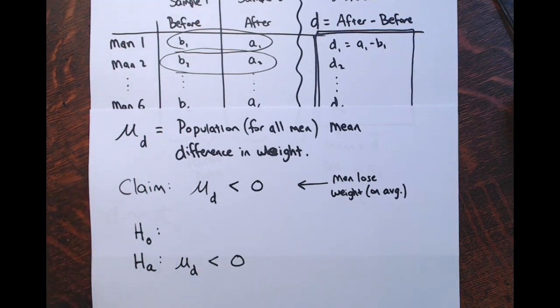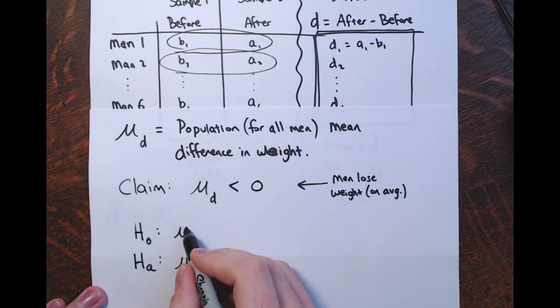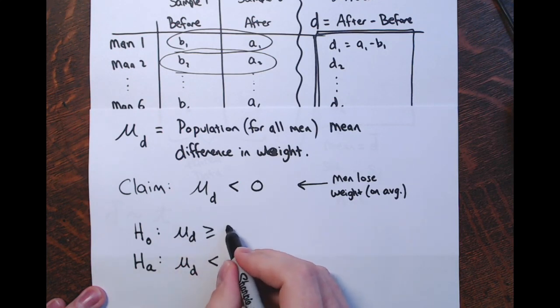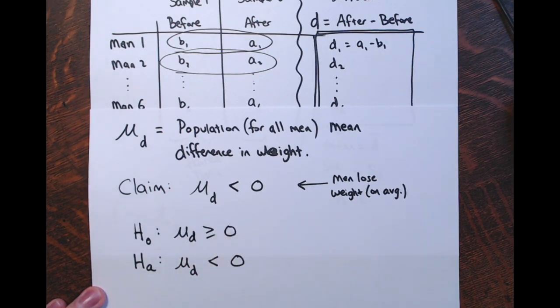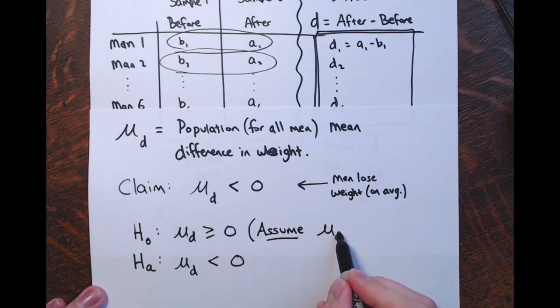That this supplement actually helps lose weight. And then the null hypothesis would be the opposite statement, which would be that mu d is greater than or equal to 0. But as you've seen, usually they're just writing the equal part, because what we're going to be assuming when we run the test is the equality, that mu d equals 0.